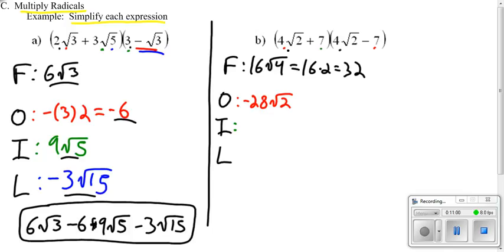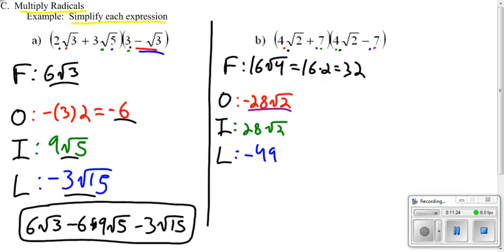Looking at our inners, we have 7 and 4 square roots of 2. 7 times 4 is 28, and the square root of 2 is still there. And our last ones, we have 7 and a negative 7. That becomes negative 49. Now at this point, we can combine some of these.